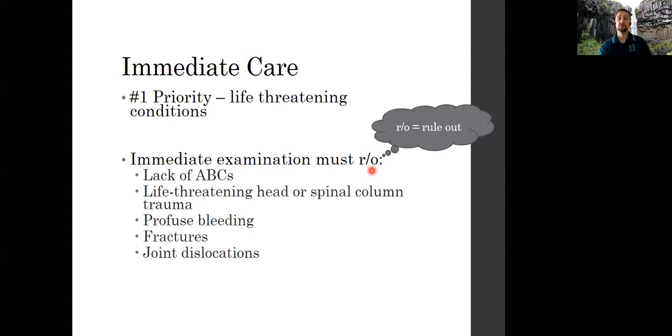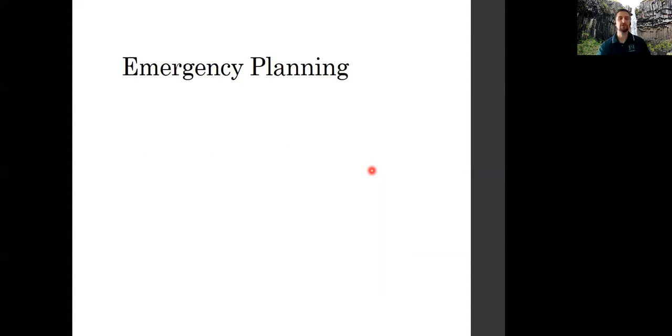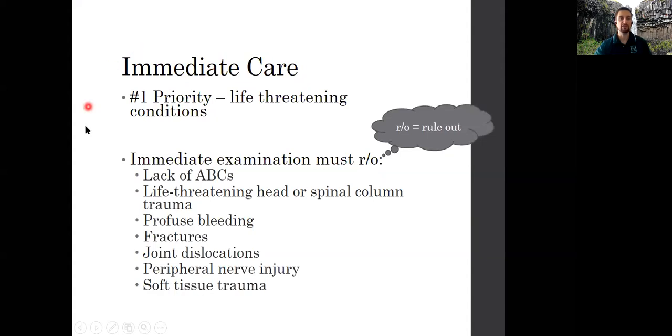They can cause nerve paralysis if the nerve becomes severed, and then lead to bleeding, peripheral nerve injuries. Now getting into soft tissue trauma, those aren't really life-threatening, but they could have the potential. There's some that are life-threatening, right? So we would call all of these your primary survey, right? Especially the ABCs.